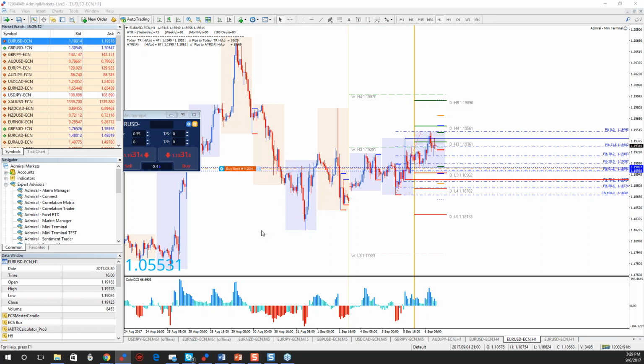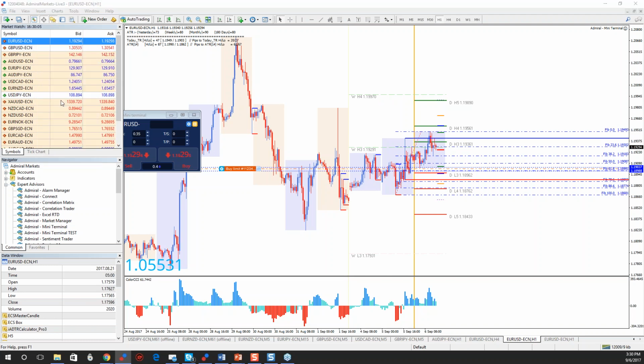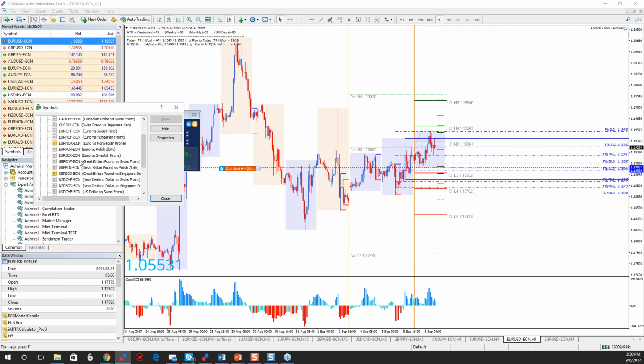Okay, guys. And GBP Australian dollar, it was a question about GBP Australian dollar. I need to put it here. I don't particularly trade this GBP Australian dollar a lot, but let's see, it should be here on the screen.